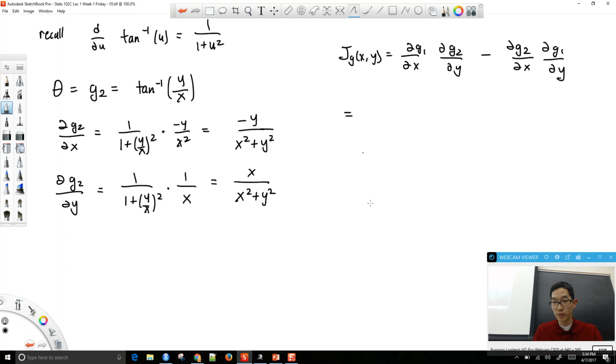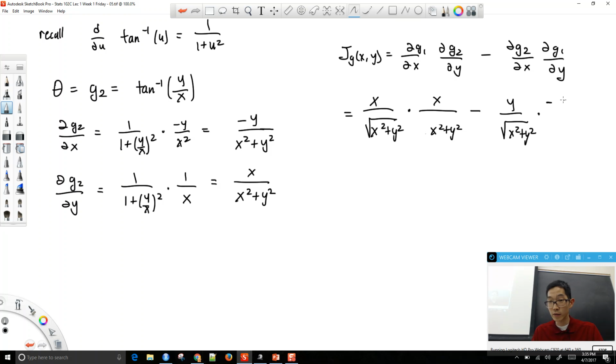So I have x over the square root of x squared plus y squared times this one, x over x squared plus y squared, minus, and then a negative, something like this.